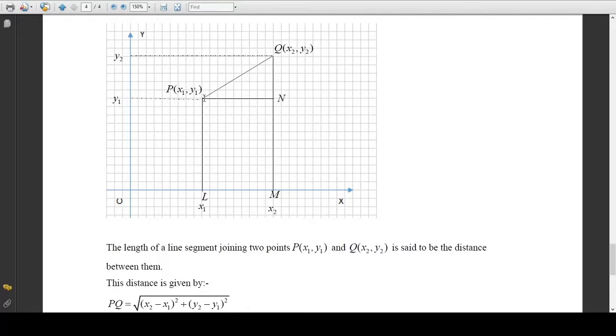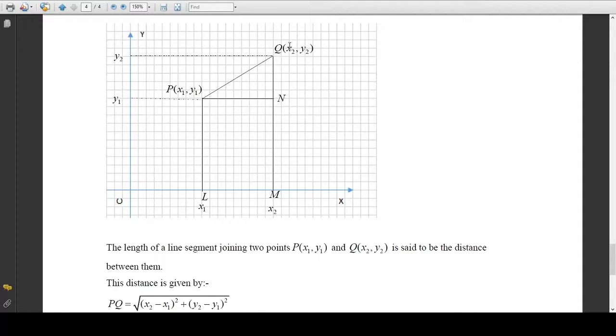PQ is the hypotenuse of this right angle triangle QNP or PQN, isn't it? If this is a right angle triangle, then by using Pythagoras theorem, PQ square will be QN square plus PN square, isn't it? The square on the hypotenuse is equal to the sum of the squares on the other two sides.